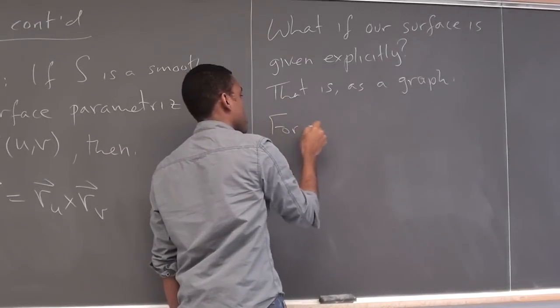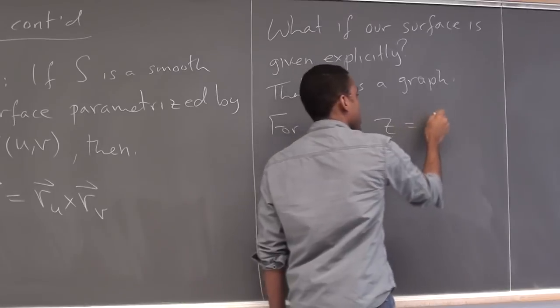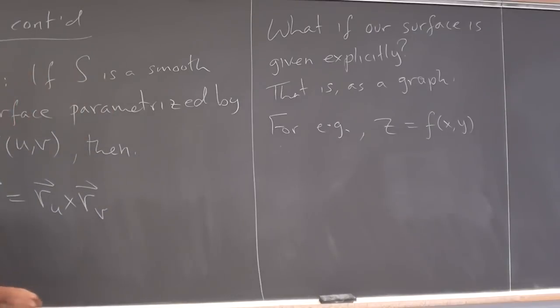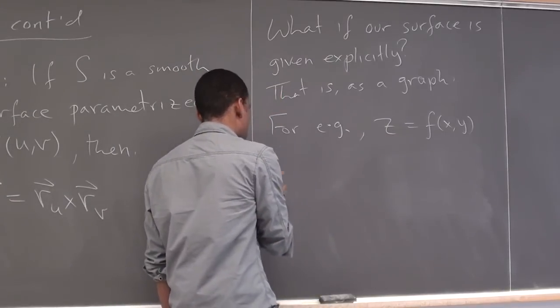For example, if I tell you that z is some function of x and y, I give you an explicit equation for the surface. What would the normal vector look like in that case? Well, we can actually use the trivial parameterization.